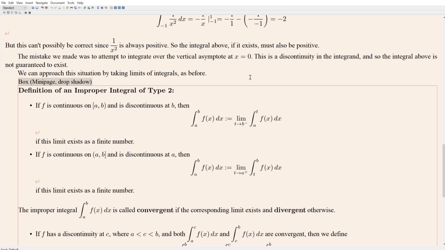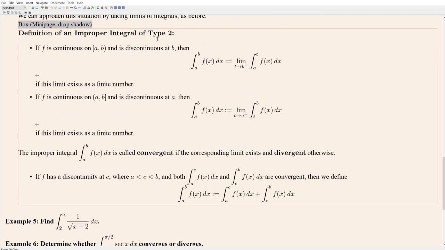If a function has an asymptote at a particular value, or more generally just some discontinuity, so like here we're saying the function f is continuous, but there's a discontinuity over here at b, well then all we need to do is replace this problematic point with a parameter, and then let that parameter approach the problem point.